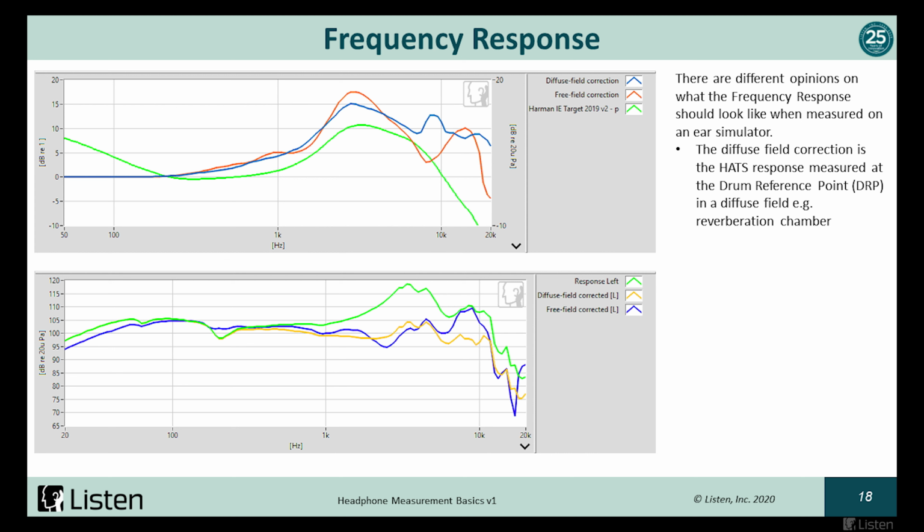And if we want to, we can use this blue curve as a correction curve. We can also use what's called the free field correction curve, which is measured by just pointing the loudspeaker directly at the nose of the head and torso simulator and measuring the sound pressure level at the drum reference point.